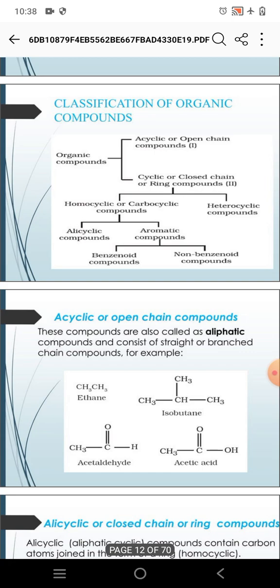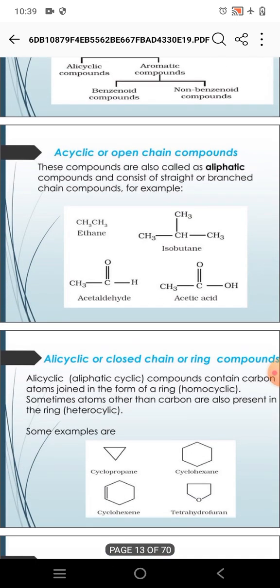Then the cyclic compounds can be classified into homocyclic or carbocyclic compounds, and heterocyclic compounds. The homocyclic compounds can be classified into two: one is alicyclic compounds, another is aromatic compounds, and the aromatic can also be classified into benzenoid compounds and non-benzenoid compounds.